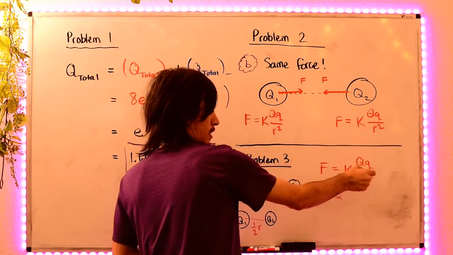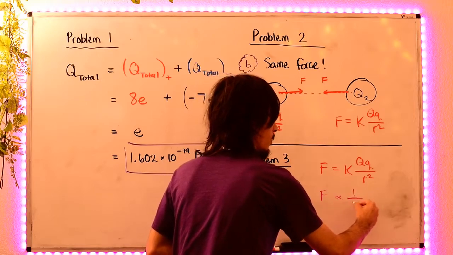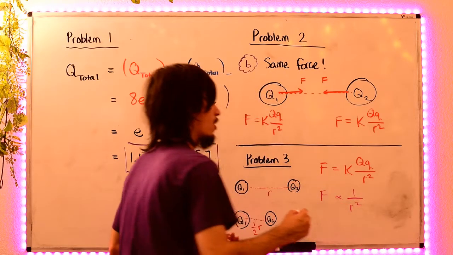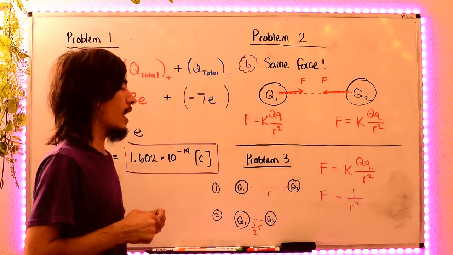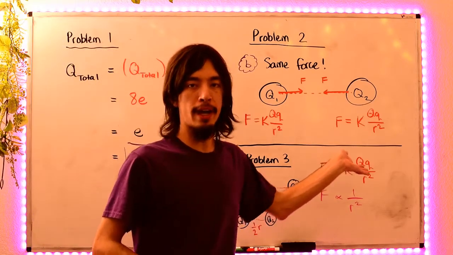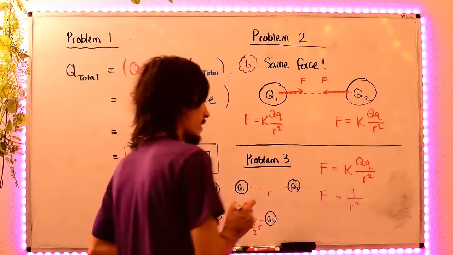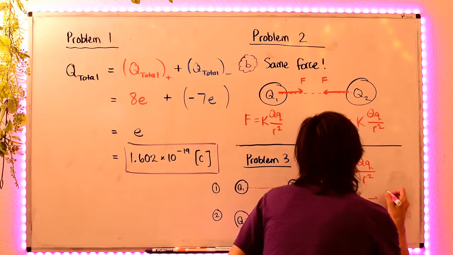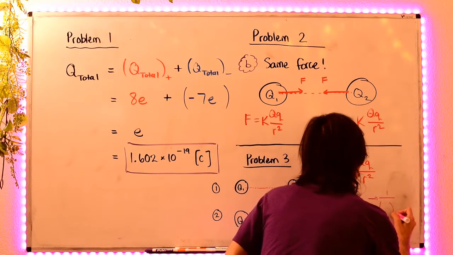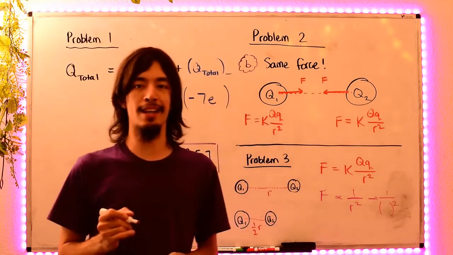Everything is a constant except for the distance, so you do 1 over that term, which is R squared. And in there, you only plug in the factor by which it changes. So in this case, we would write 1 divided by, and the factor that gets squared is 1/2.